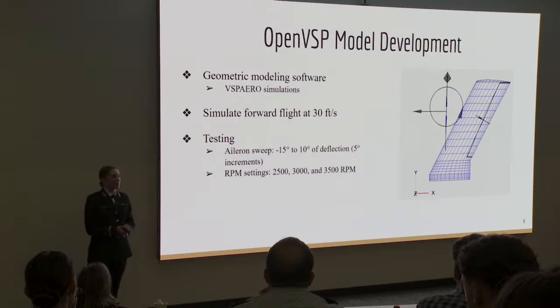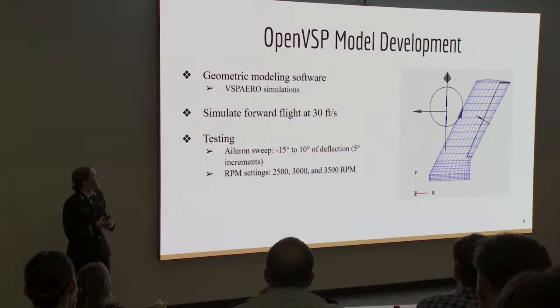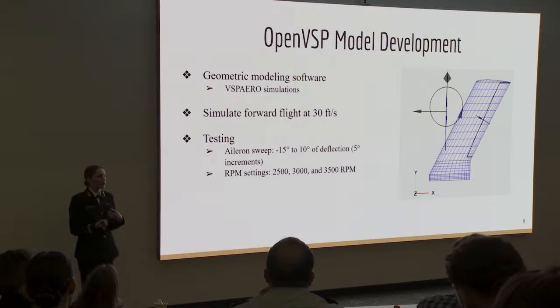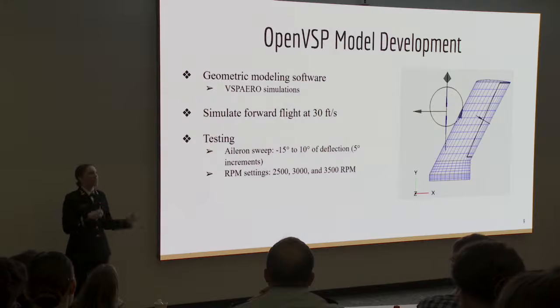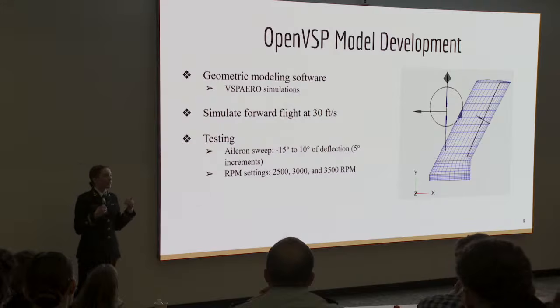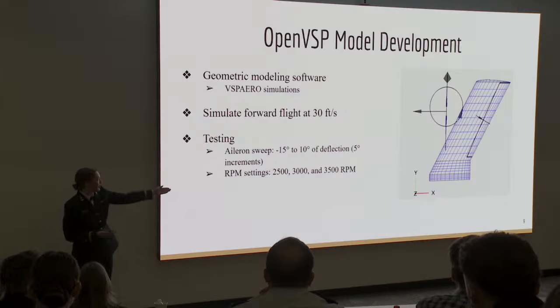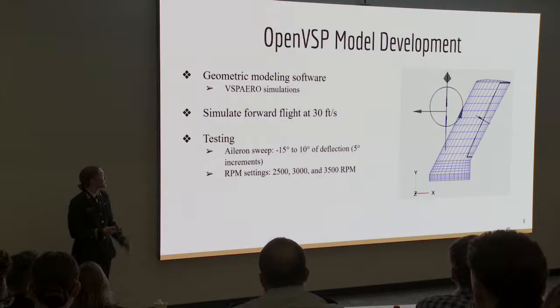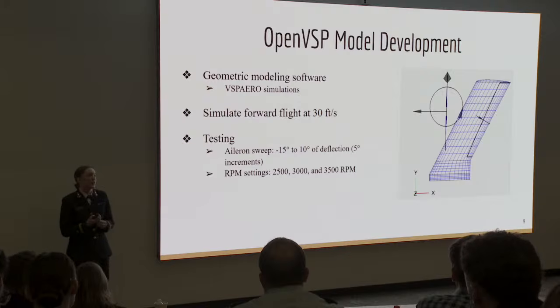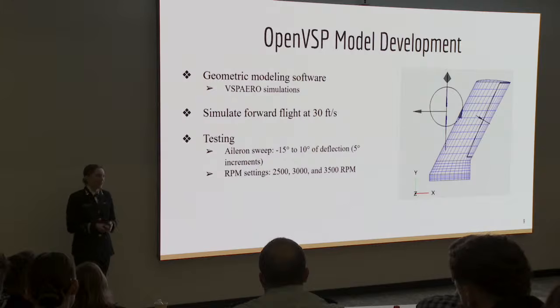Similarly, we also did a simulation in OpenVSP. OpenVSP is an open source parametric modeling software developed by NASA that allows you to make three-dimensional geometric models of your aircraft, and then it has a variety of built-in flow solvers and engineering analysis tools. So we built our model, as you can see on the left, with its geometric mesh, and then we simulated forward flight using its built-in flow solver VSP Aero.